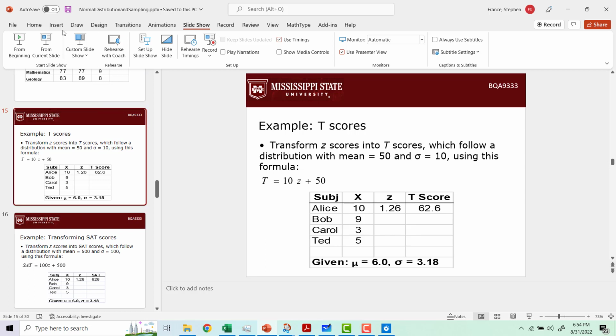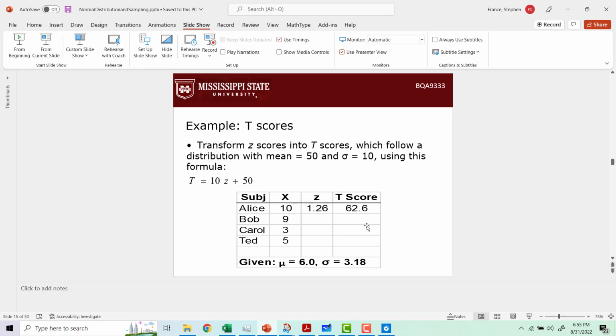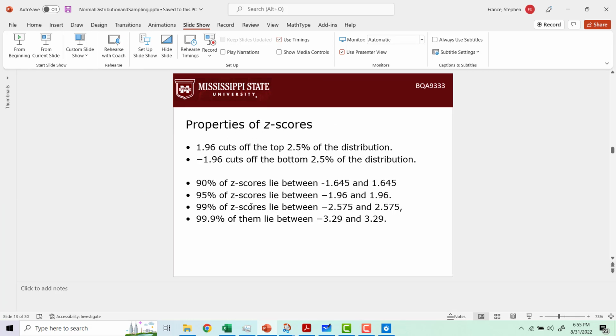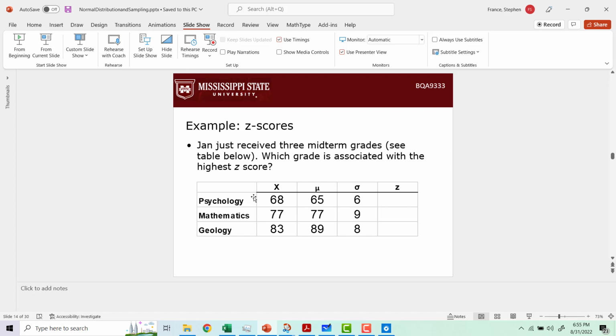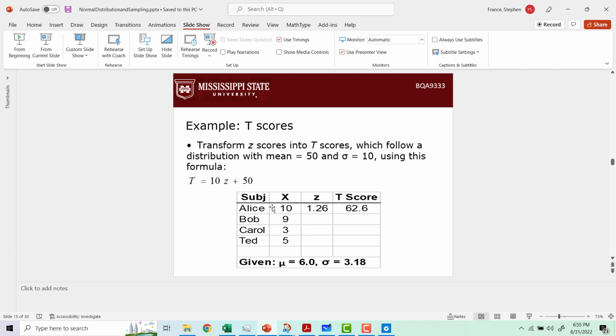So sometimes we want to rescale the scores. And here's an example. We've got scores for Alice, Bob, Carol, and Ted.